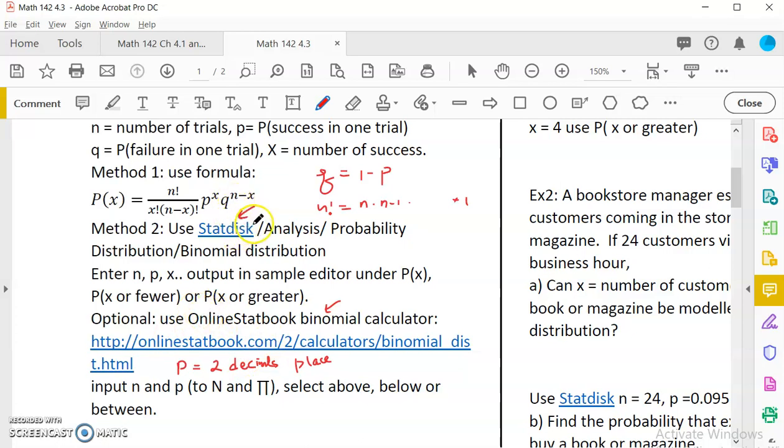But our main one is StatDisk, which is good enough to find probability of x. StatDisk can calculate probability of x equal to a number, probability of x equal to a number or fewer, and probability of x or greater. I'm going to show you how to access it.